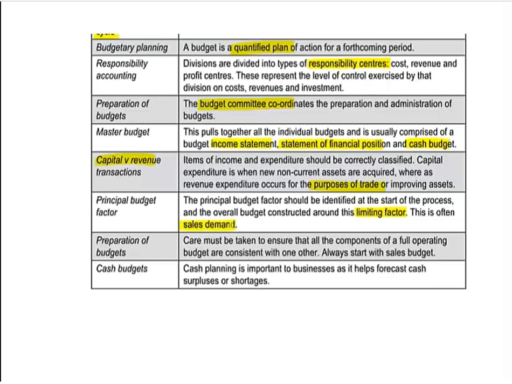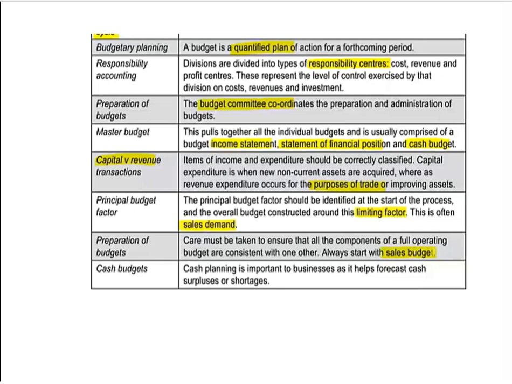We have to make sure then when we're preparing budgets that they are consistent and that we think about the order. And remember that diagram, we start with the sales budget and work through to production and finally to purchasing, considering opening and closing inventories of both finished goods and raw materials.